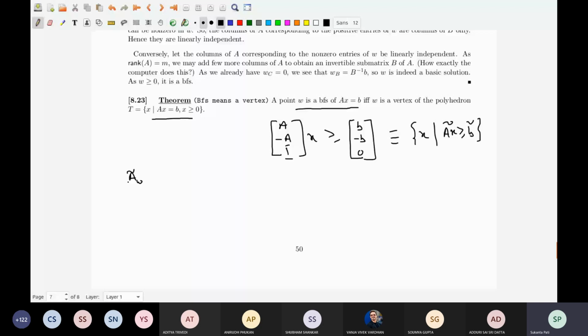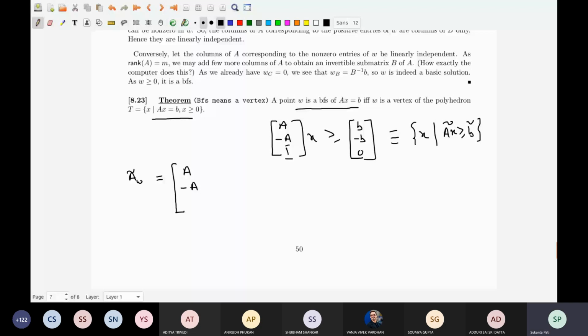Now my claim is that since W is already a point of this, W satisfies AW equal to b, so it will contain A. It will also contain minus A because both of them will satisfy equality, and then it will be some part of identity.